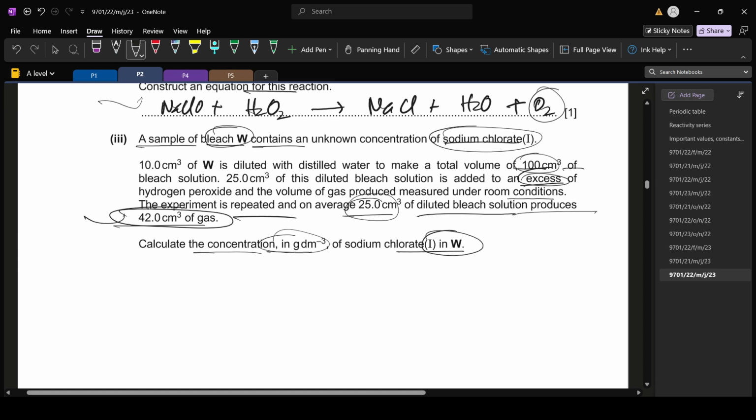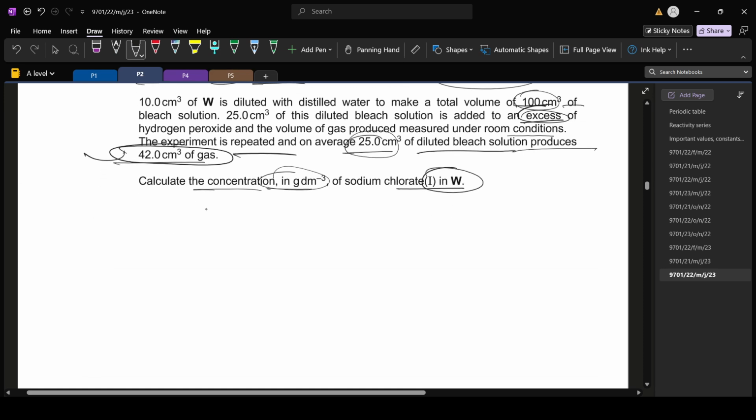Firstly you will calculate the moles of oxygen that are produced.